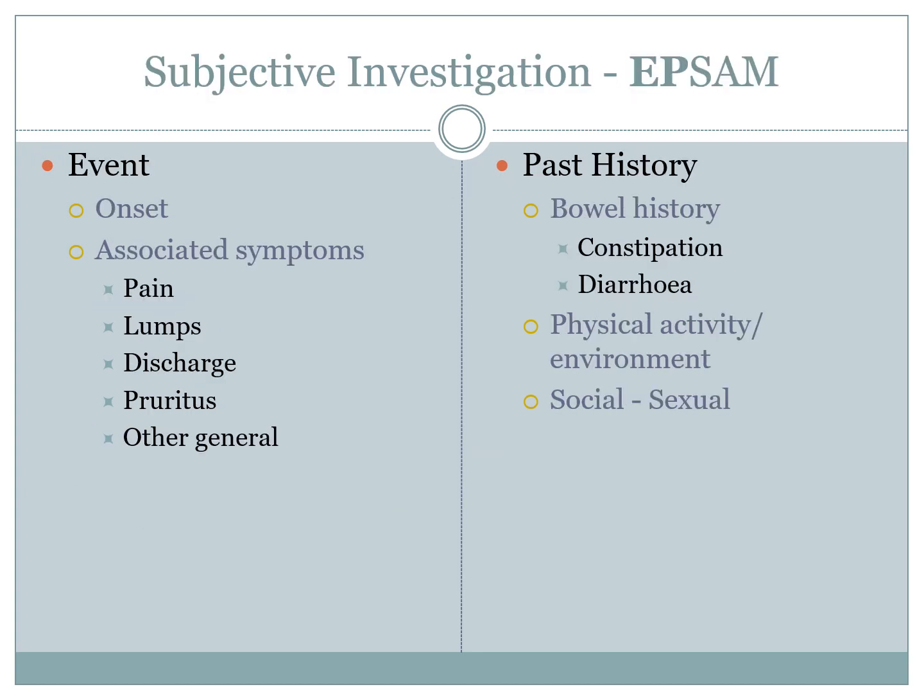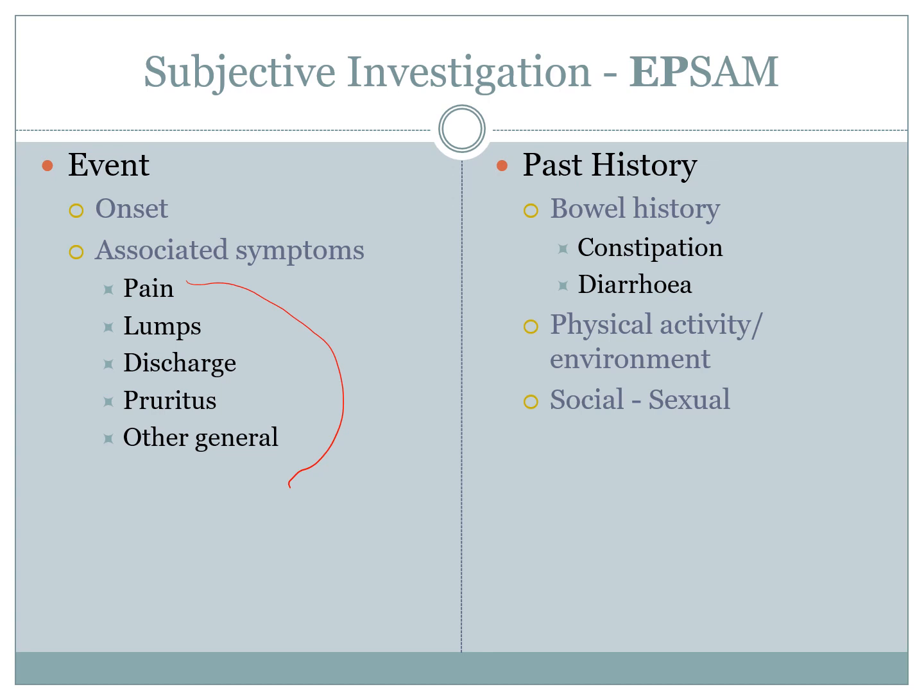Listen to the way the patient describes their complaint. Is it more of a pain, a lump, itchiness? Is there any associated discharge? But also consider all the other general symptoms the patient can have to paint a picture and try to figure out what has actually happened before we move into probing questions, mind the pun, and investigations thereafter.